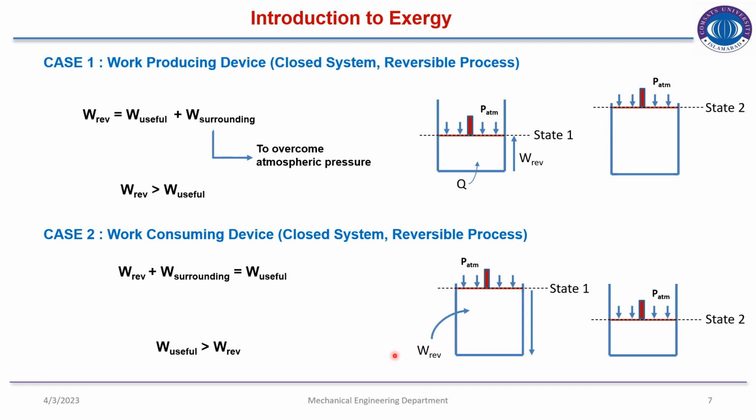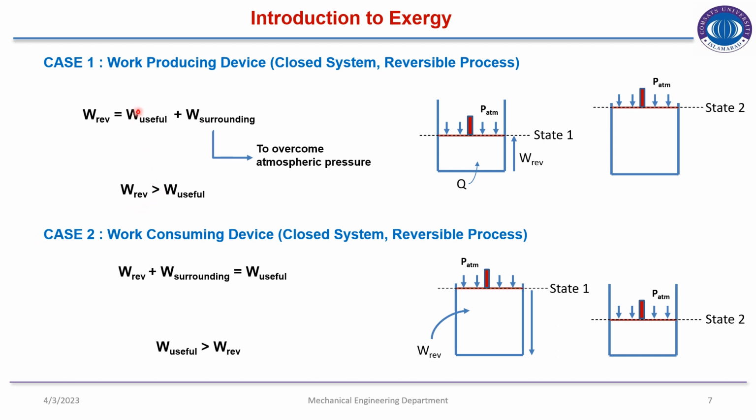So work is put into the system, and W reversible plus W surrounding is equal to useful work. W reversible is acting on the system, plus atmospheric pressure is pushing the system down. The piston is moving downward, and at state 2 the piston has moved down, as you can see. At that state you see that useful work is now greater than reversible work.